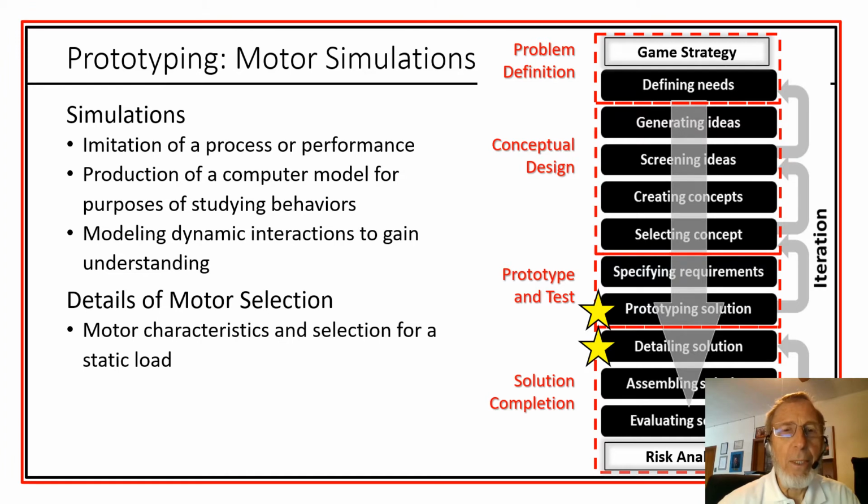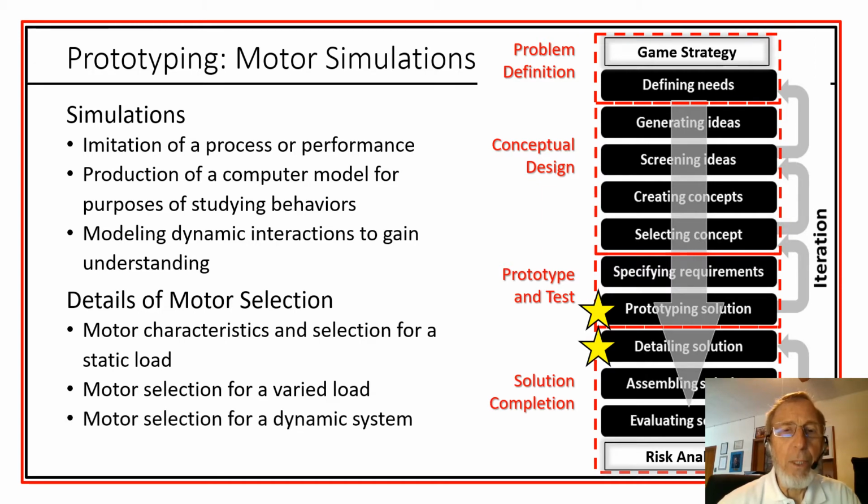We're going to look at an example where a motor is driving a static load. We'll look at a case where the load that the motor handles is varied. And finally, we'll look in more detail at a dynamic system where a motor is part of that, so we have a much more complex interaction.